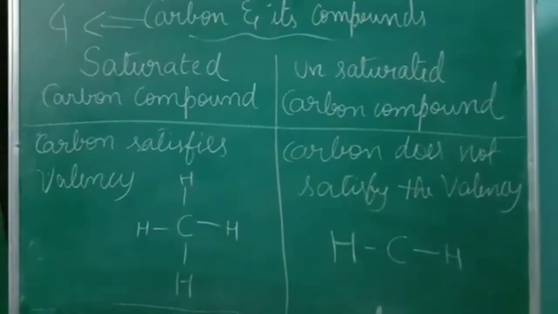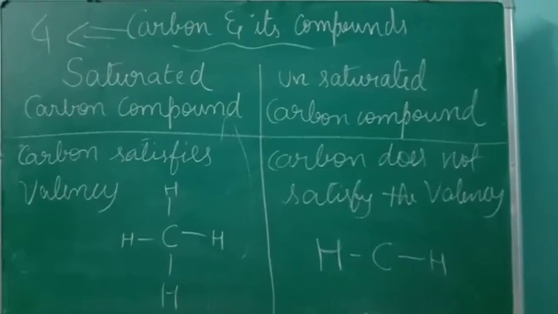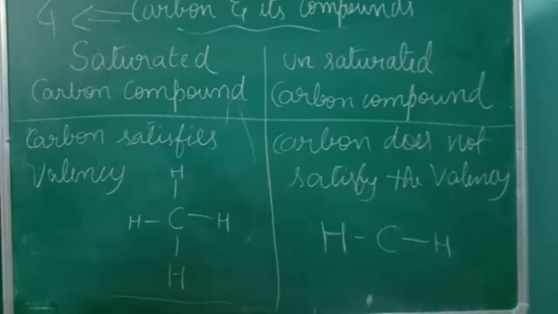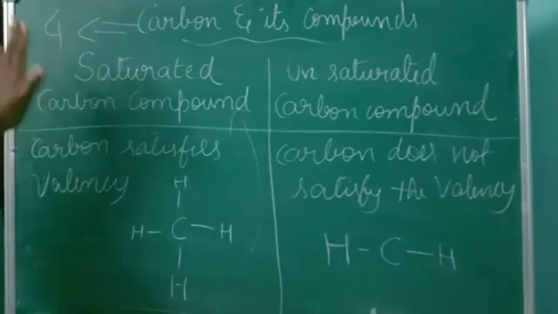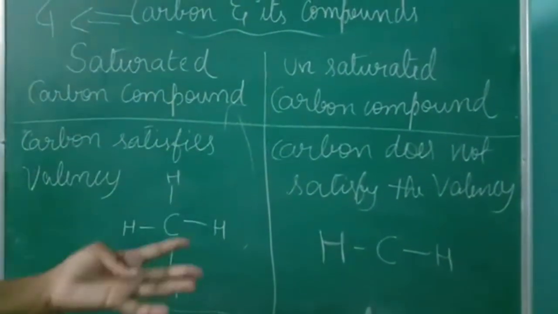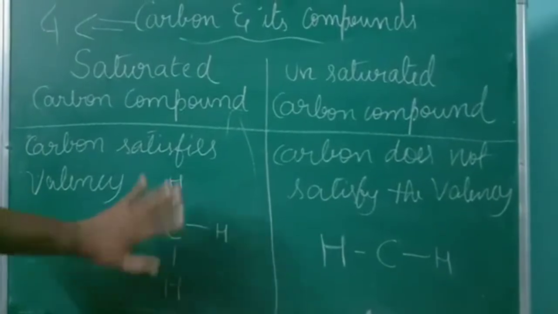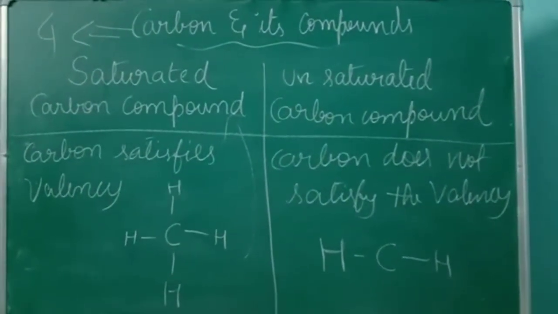So such a type of carbon compound we call a saturated carbon compound. Is that clear? So saturated carbon compound means the carbon atom has to satisfy its valency, wherein its valency is number 4. So the carbon atom has to undergo 4 bonds with any of the atoms. Here it is undergoing 4 bonds, so it comes under saturated carbon compound.